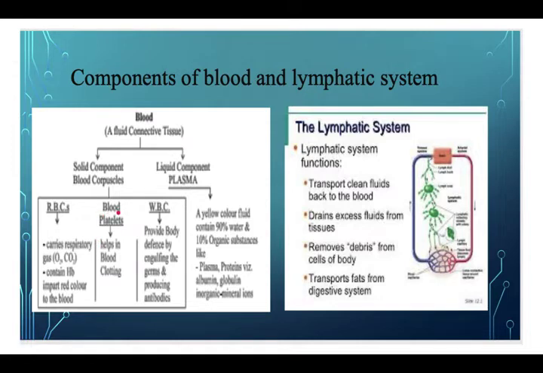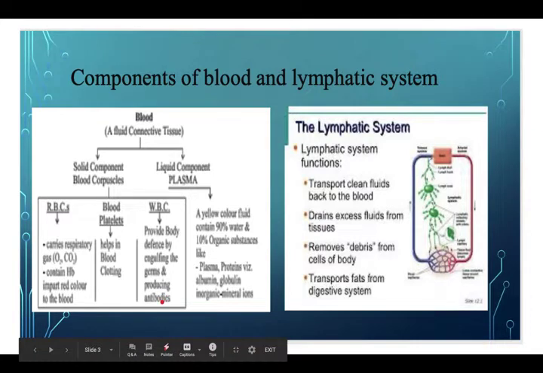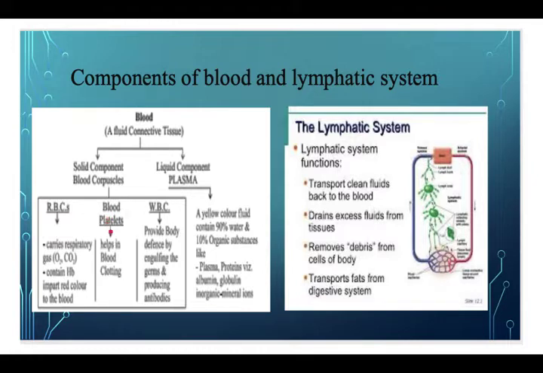Another component is the WBCs, which provide body defense by engulfing germs and producing antibodies. The third important component in this solid part is blood platelets, which are also a type of cell that helps in blood clotting or blood coagulation.